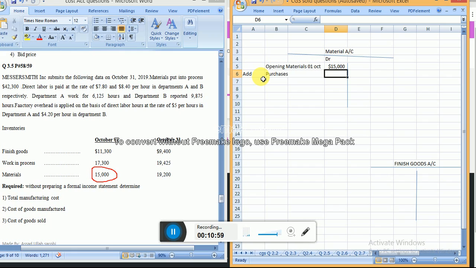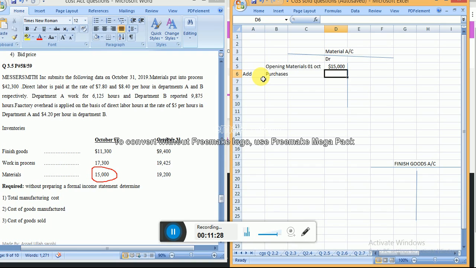So we should find out how much purchases we made, because purchases are not given directly. So we will use our common sense. Because beginning material is 15,000, ending material is 19,200. So it means that we made some purchases which are still unknown. We will find out.